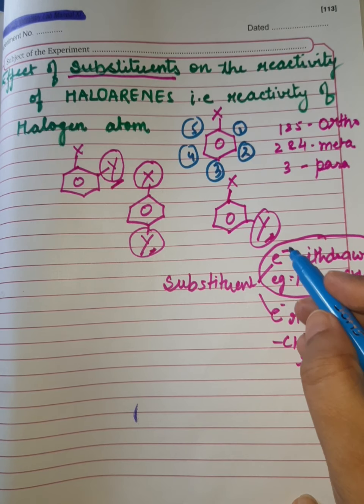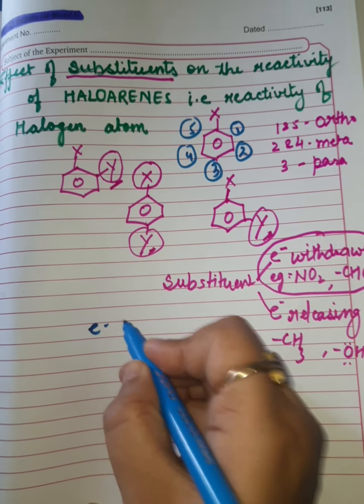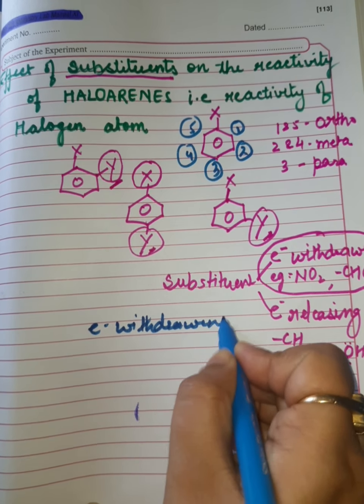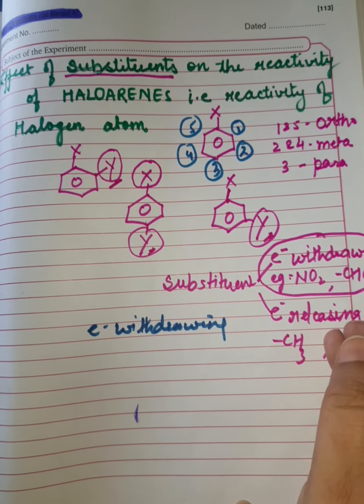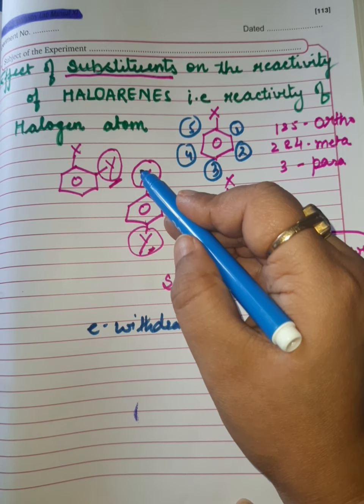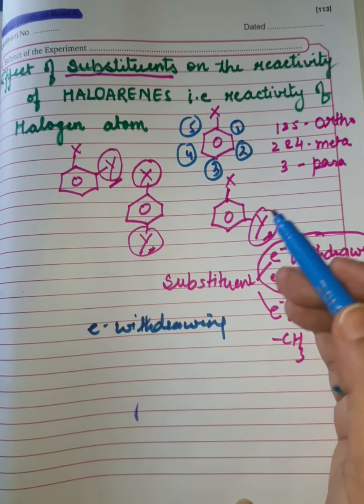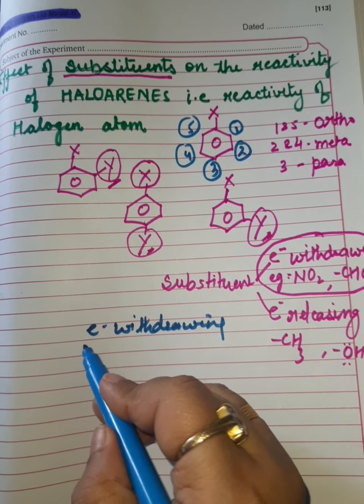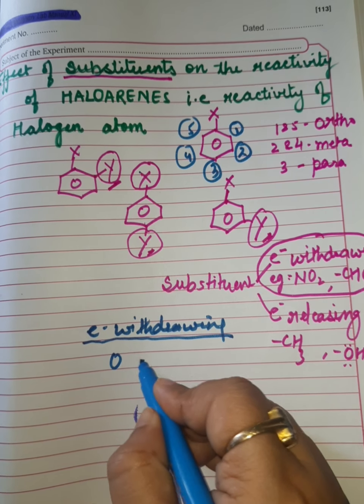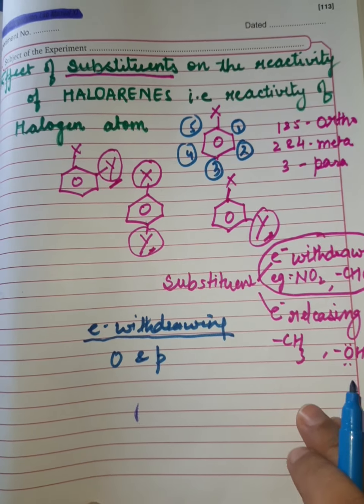As I said, the presence of an electron withdrawing group as a substituent in case of haloarenes increases the reactivity of this halogen atom towards nucleophilic substitution, especially when this electron withdrawing group is present at ortho and para position.